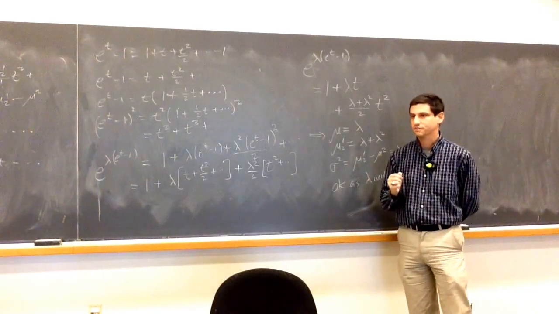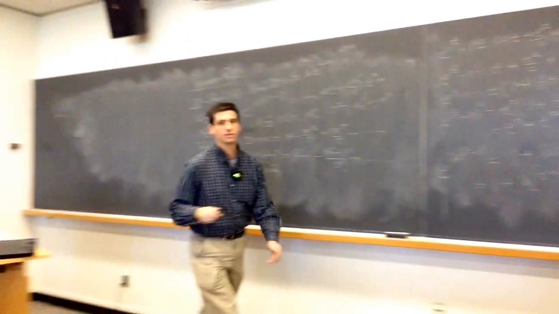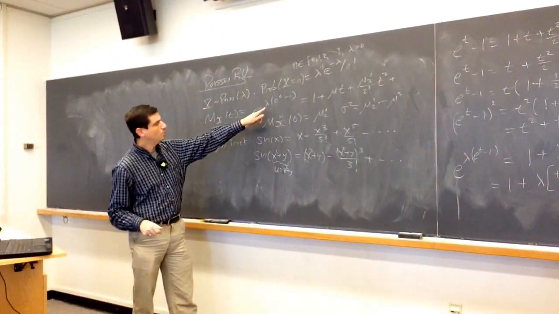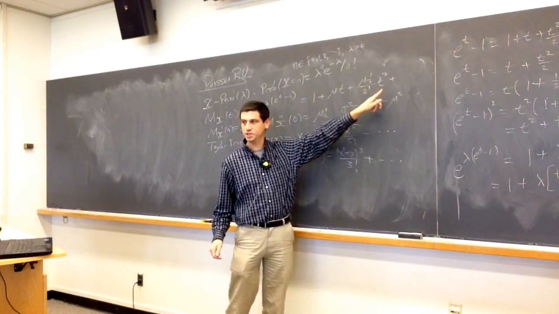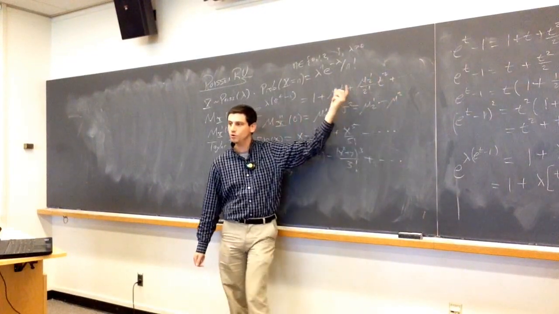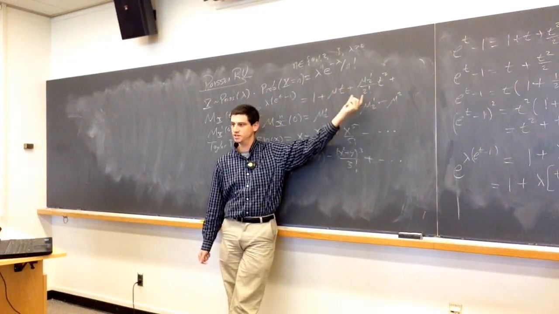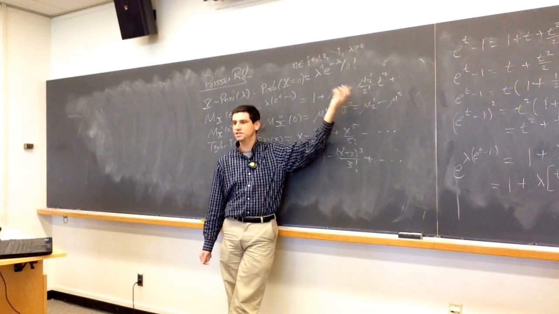Where did you get the second moment from? So I got that from our expansion. The moment generating function is 1 plus mu t plus mu 2 prime over 2 factorial t squared plus mu 3 prime over 3 factorial t cubed. So whatever the coefficient of t squared is, that divided over 2 factorial, that's going to be the second moment.